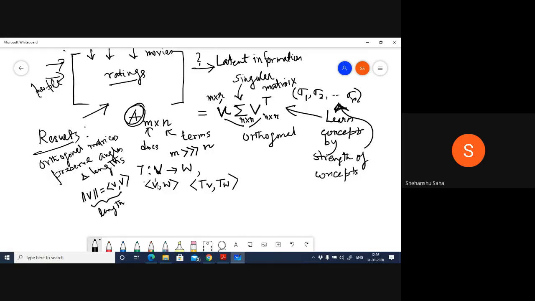So now what I can do here is the following. We should also recall that the inner product of two vectors I can write in this fashion. The same thing I can do here.